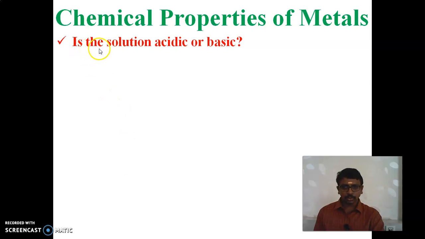Is the solution acidic or basic? We take two different litmus papers, one red litmus paper and another blue litmus paper. When we dip the red litmus paper in the magnesium oxide solution, the red litmus paper turns blue.